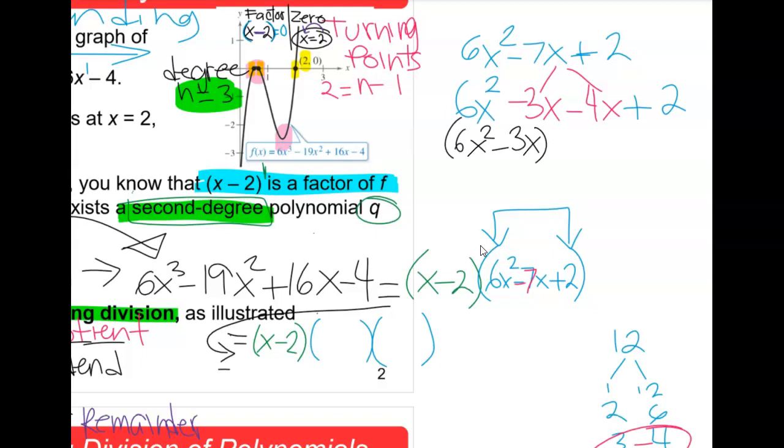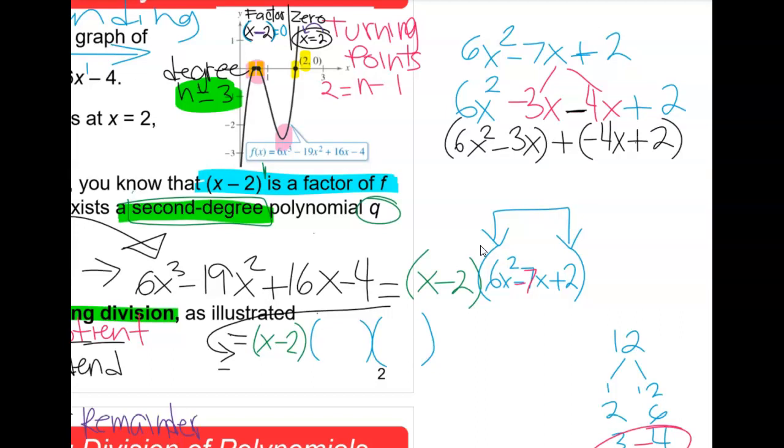And then these are not multiplying, so you have to put either a plus or a minus there. I like to just keep it as a plus, just so I don't get confused with what goes inside the other parentheses. Trust me, it helps. So if I put a plus, I just have to keep the sign of this negative 4x inside the parentheses and then the plus 2.